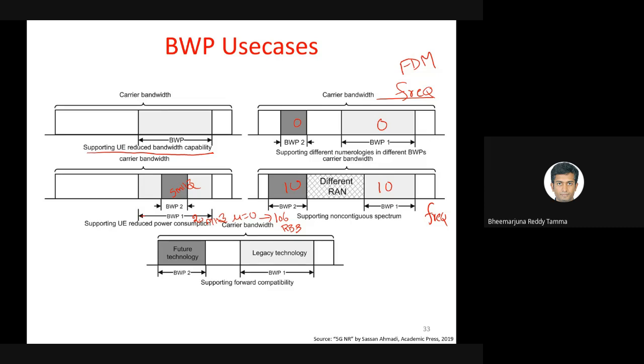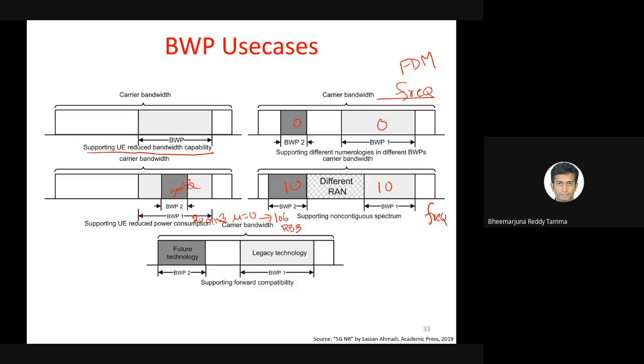For that reason, he has to create two bandwidth parts. And the last one is about supporting future technologies, where we can create a separate bandwidth part and start deploying new technologies while the legacy, like 5G in this case, operates on the initial bandwidth part.